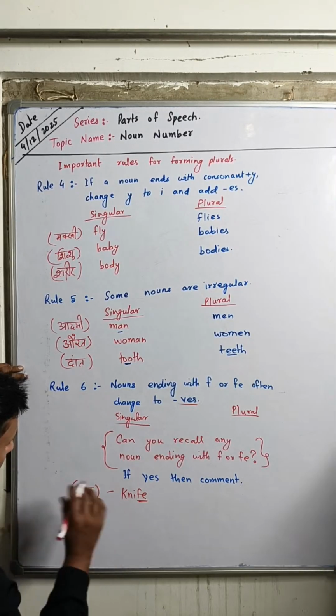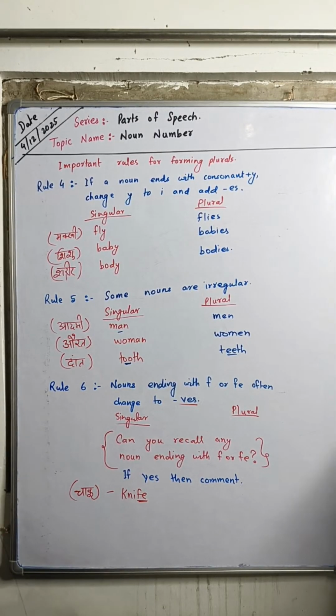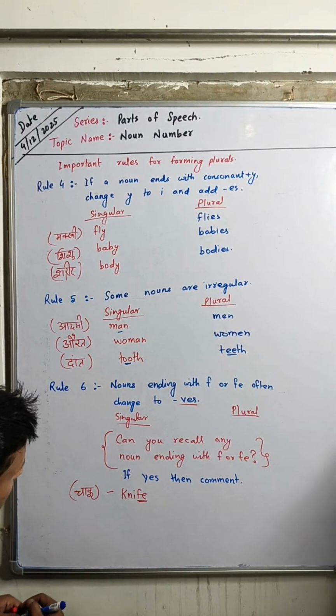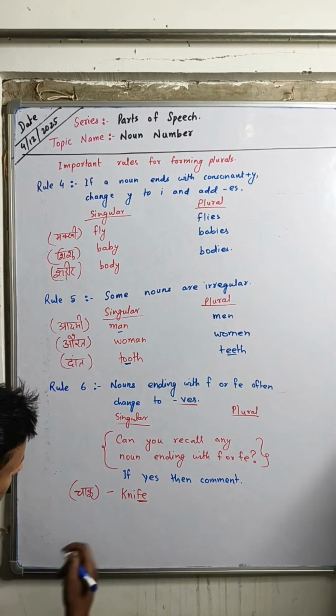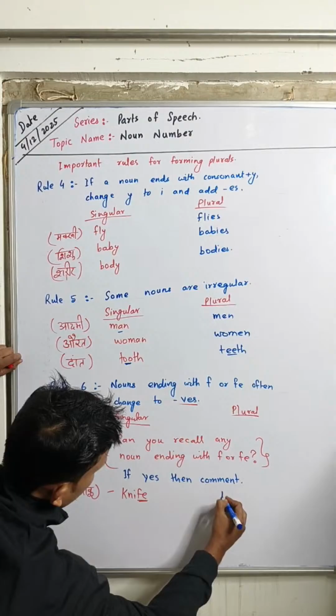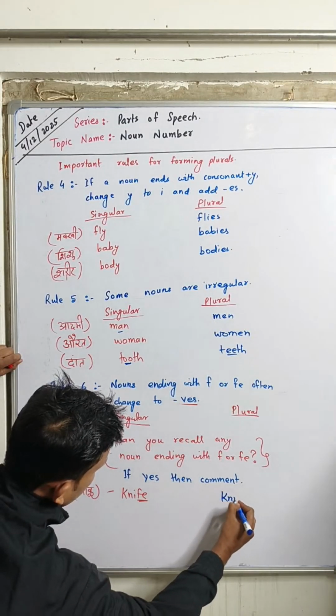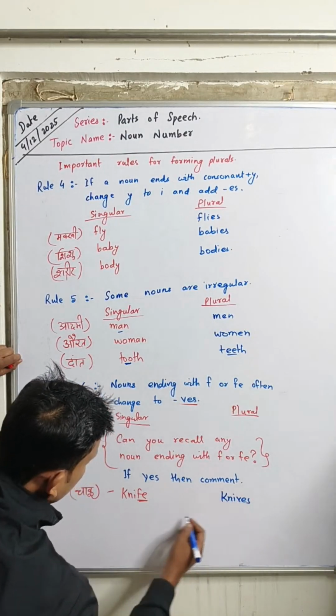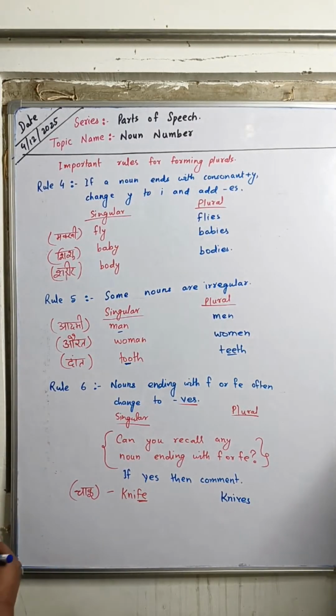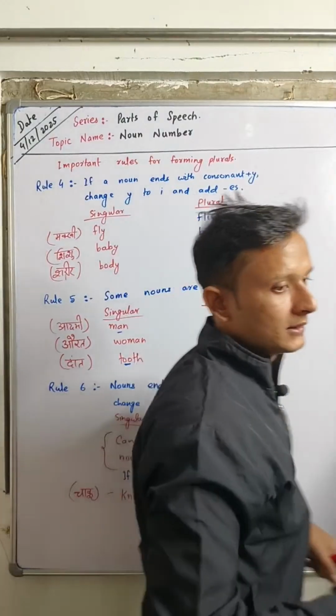We use this tool to cut vegetables. So to make this singular noun plural, we'll change the FE to VES. So how do we pronounce this word? As knife, K is silent here.